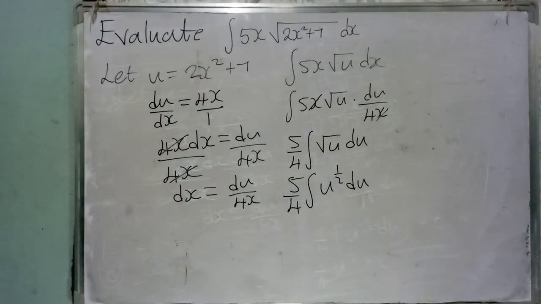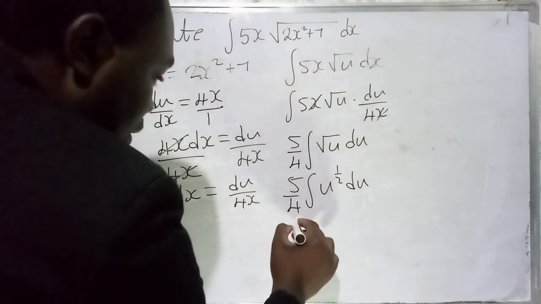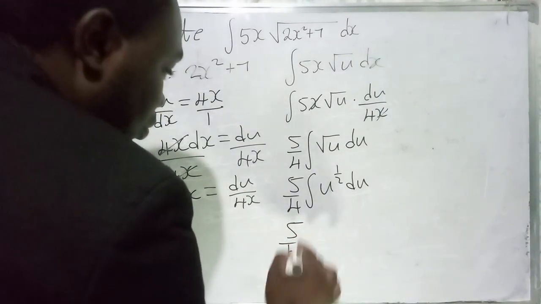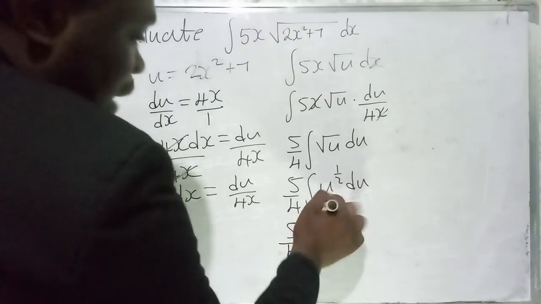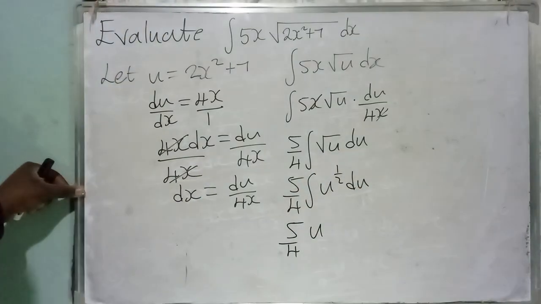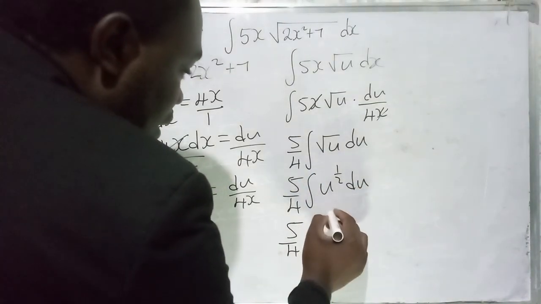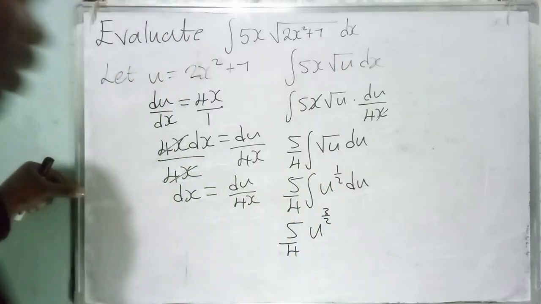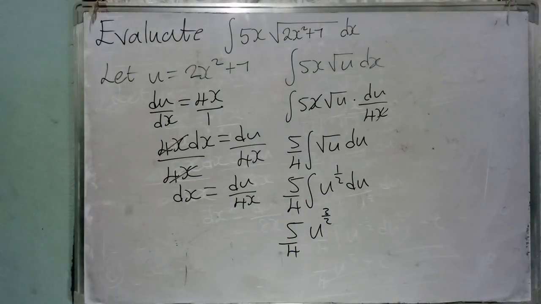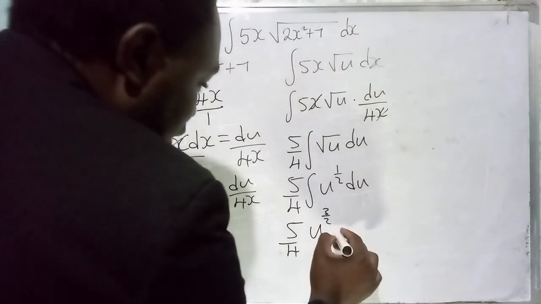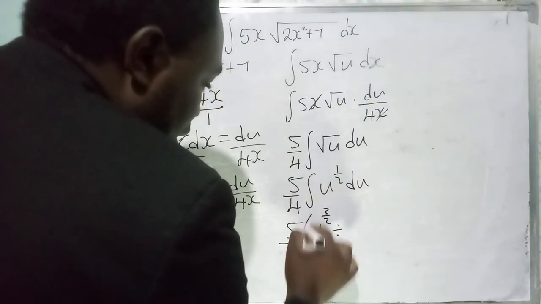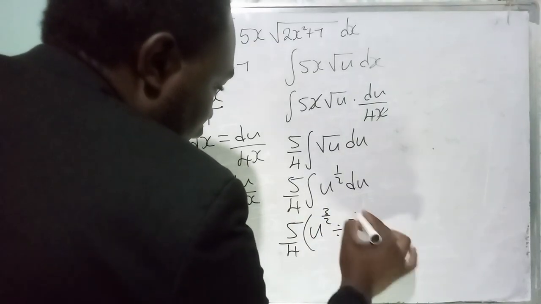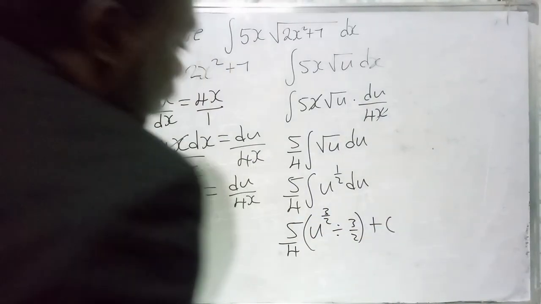This is the point where we integrate. When we integrate u to the power 1 over 2, we add 1 to 1 over 2, giving u to the power 3 over 2, then we divide by the same power, 3 over 2, plus c.